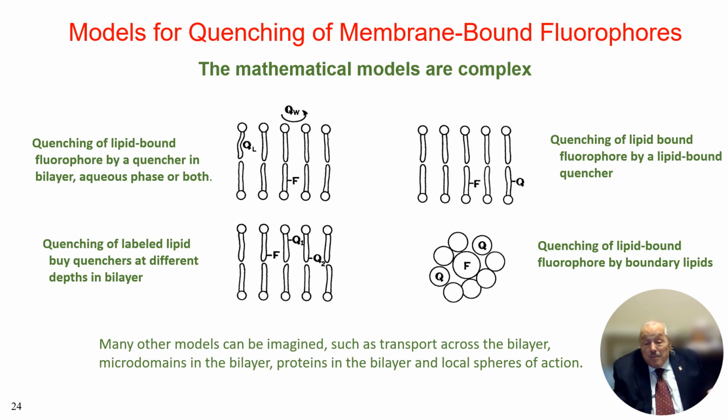And many more models could be examined. So it's not very practical to consider, at least for me, for modeling this type of behavior in membranes, which would probably be done by molecular dynamics simulations rather than by any type of analytical calculation.